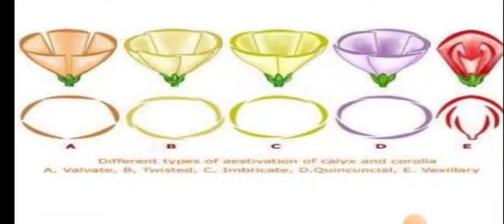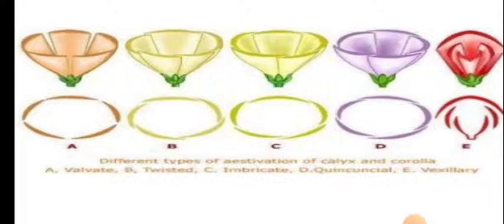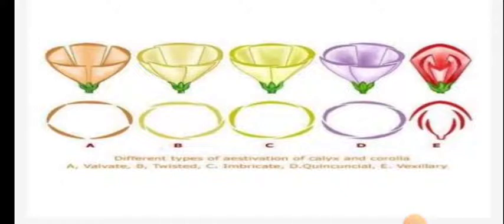First one, you see how is the flower and its arrangement. On lower side TS is there. So this is showing the condition of the sepals and the petals. So the first type is the valvate. So the sepals are just touching each other. Second type, twisted. One end is inside, one is outside.